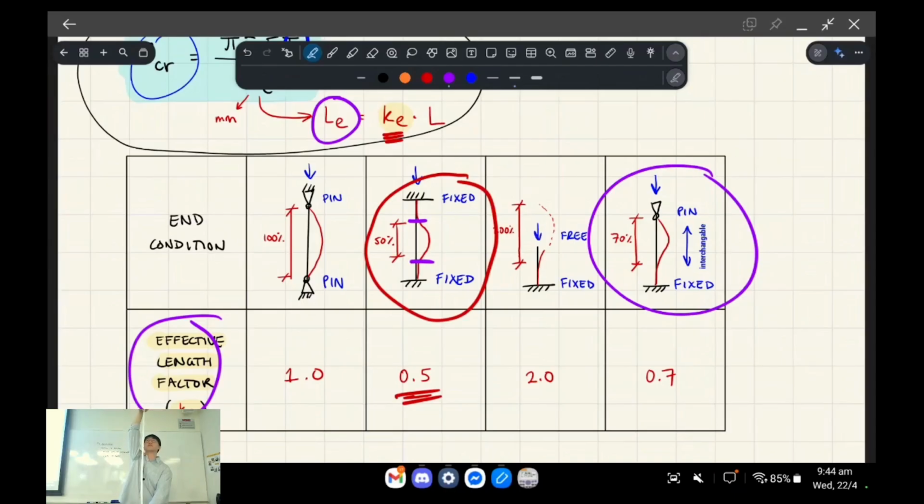This one's not a support, it'll just be a point load. The C shape ends up being about 200%, so twice the length. The imaginary line which makes a C shape can actually extend past the length itself.